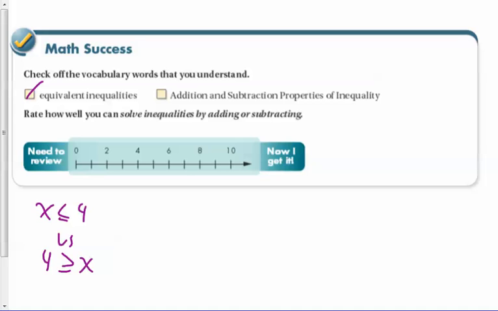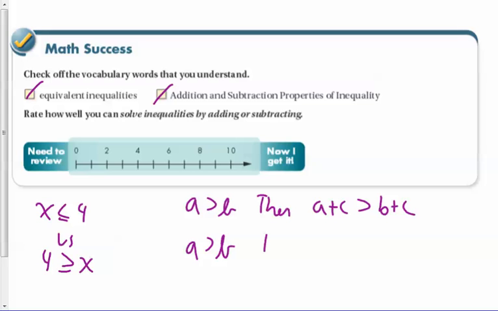The addition and subtraction properties of inequality are the ones where if A is greater than B, then A plus C is still greater than B plus C. And if it's less than, then A plus C is still less than B plus C. And this works for minus as well.